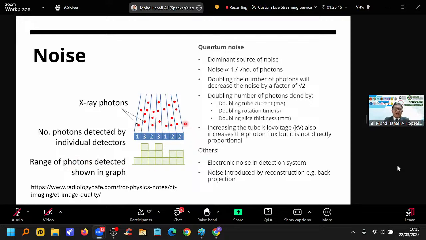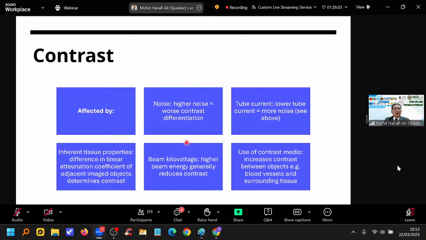Normally noise we also call the standard deviation. So this is the image that we have, and these are the photons that are detected, and we can see the contrast there, the level of noise there. Contrast here.